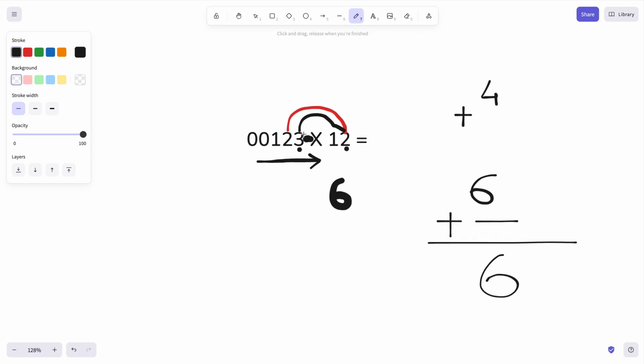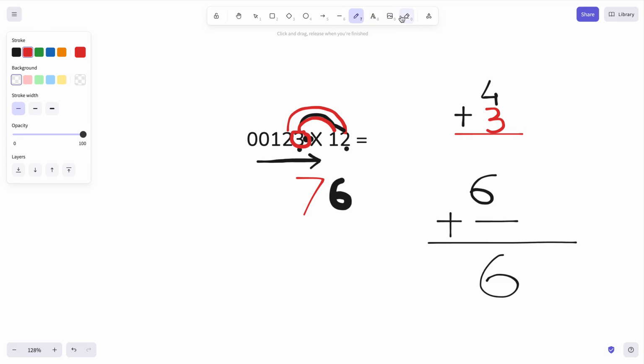On the right side we have 3. The 3 is the neighbor. So this is our neighbor of 2. So do 3 ones are 3. Okay, 4 plus 3 is 7. That's your second answer. Now let's move ahead.